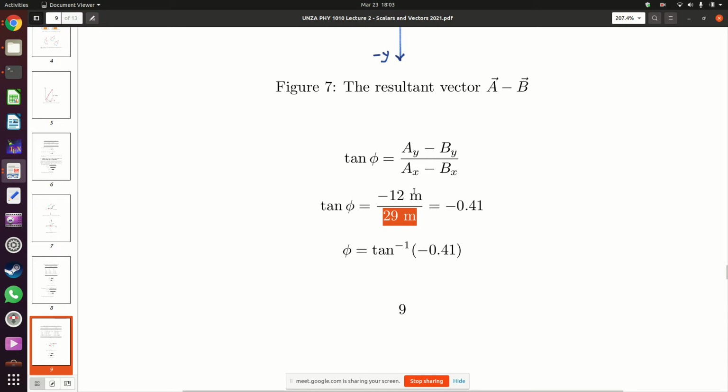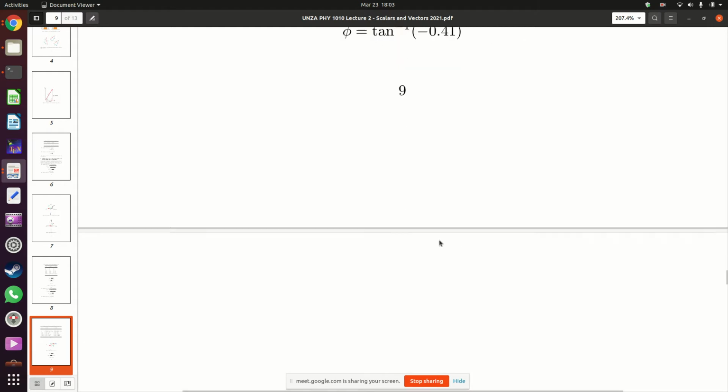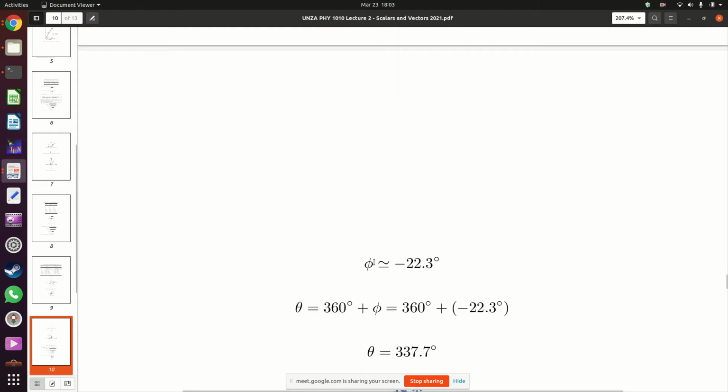So the meters cancel out, we end up with minus 0.41. Then we work out the arctangent of this, so we get phi. So phi is equal to the arctangent of minus 0.41, and we get an angle which is approximately minus 22.3 degrees. That's how much phi is. Phi is an angle and it's minus 22.3 degrees. So far our phi's have been negative.